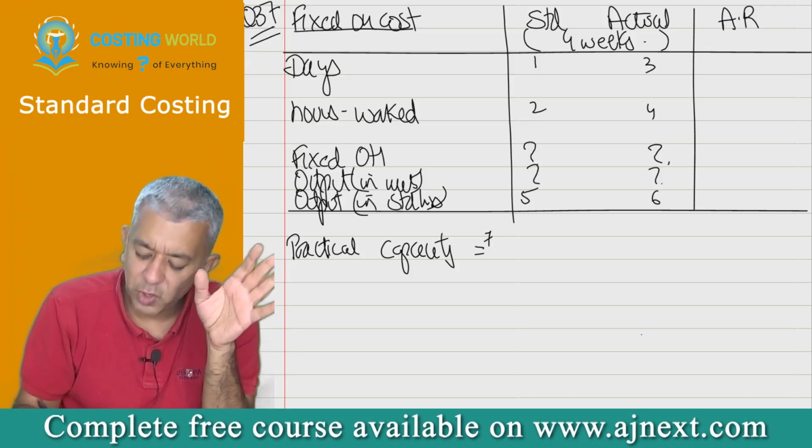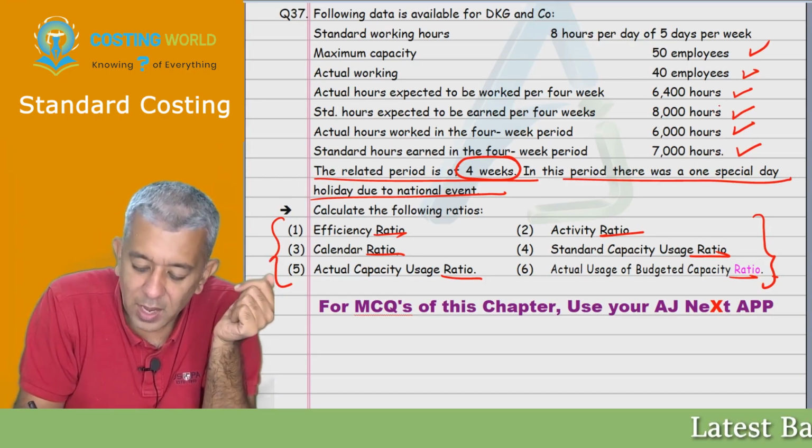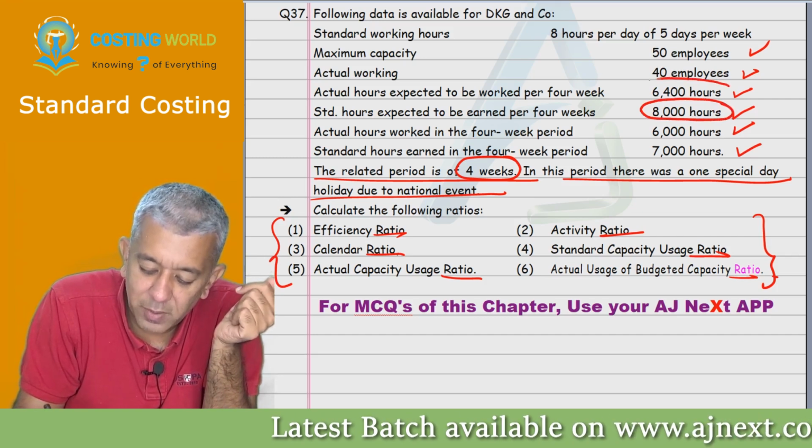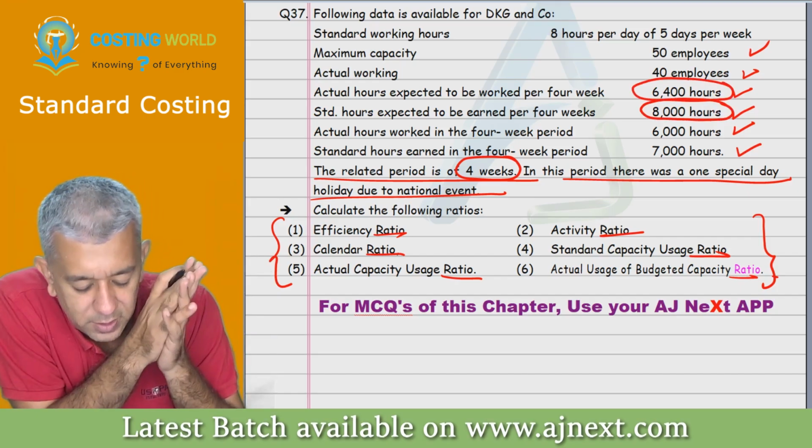Now, before we all proceed, you can try to tell me how this 8,000 would have come, how this 6,400 would have come. Just try, you should be able to get it.